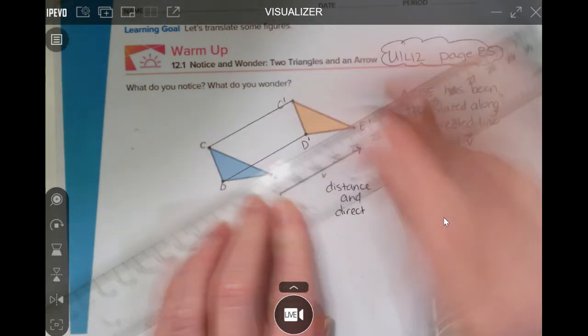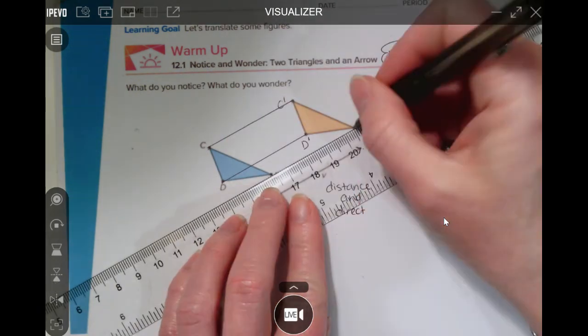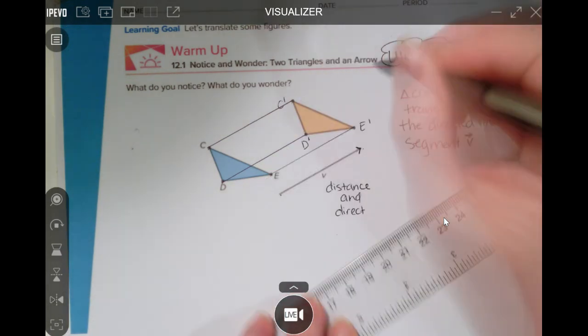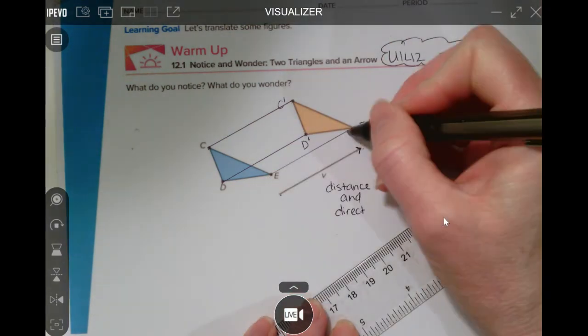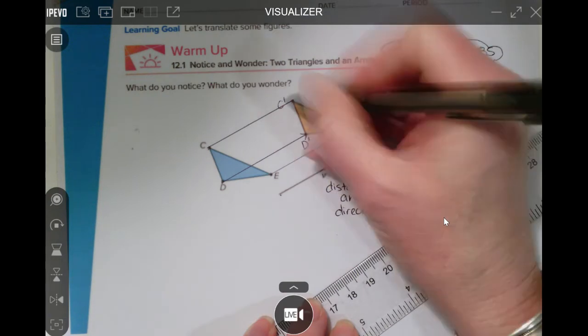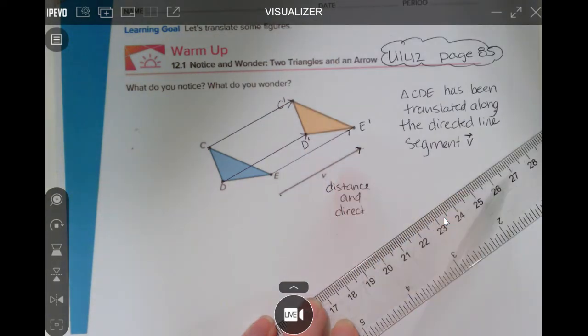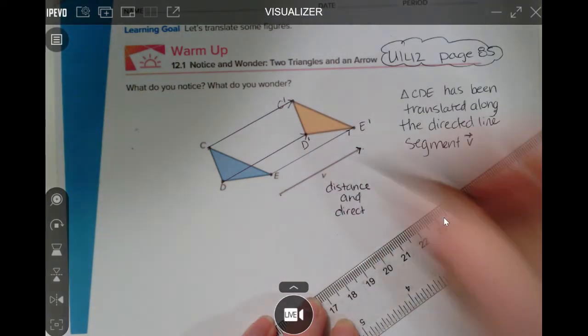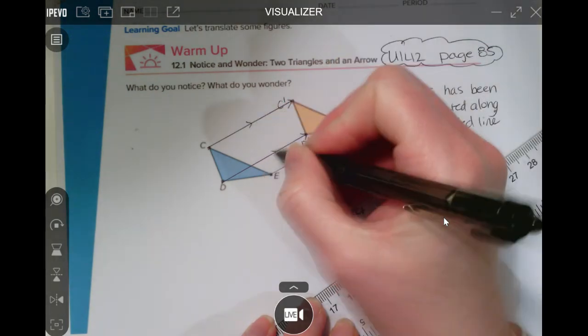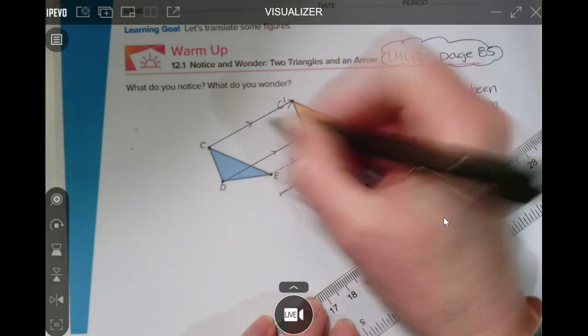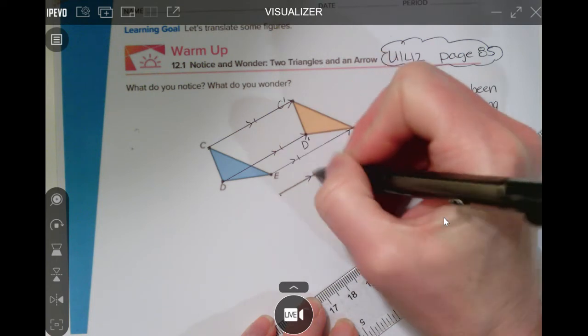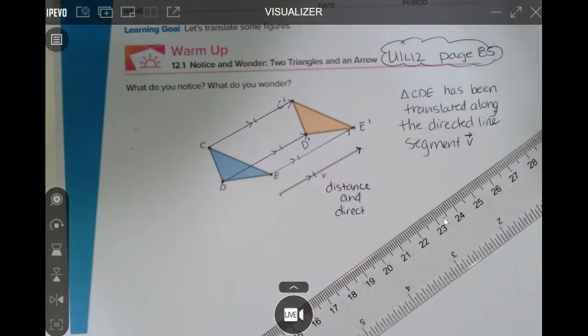You'll notice each one of the segments that you drew has the same length and the same direction as my vector, my directed line segment V. Let's put a parallel symbol and also a congruent symbol. The arrow shows that it's parallel, the tick mark showing that it's the exact same length.